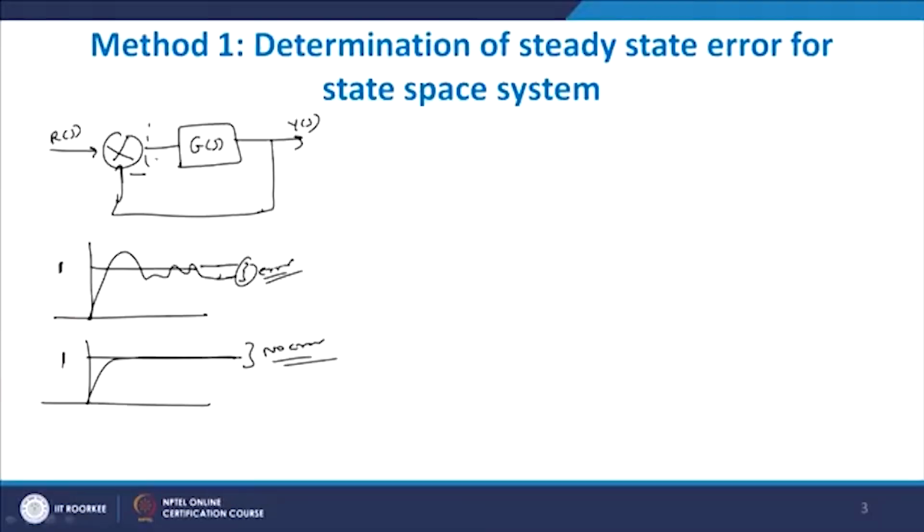That means in a classical control system also we design a controller, and if you see this part, we use a controller C(s). This C(s) can also be in the feedback path if required. So, the calculation of steady state error is very much important.